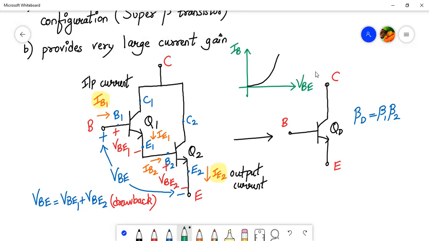So a higher VBE value means what? It will take more voltage to turn on, right? So that's a drawback. Transistors should turn on at a very low value of VBE. So if you have VBE1 plus VBE2, then the transistor will take some extra voltage to turn on, and that's a drawback, right?